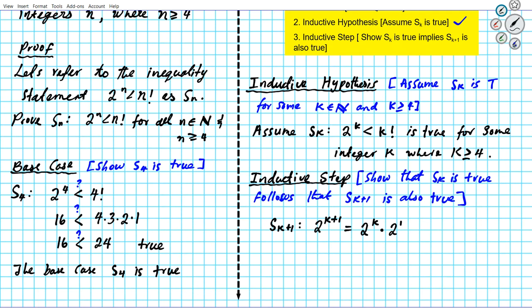Now you notice we have a 2 to the k in our inductive hypothesis. What do we know about 2 to the k? We know that it's less than k factorial. So let's make a substitution here.